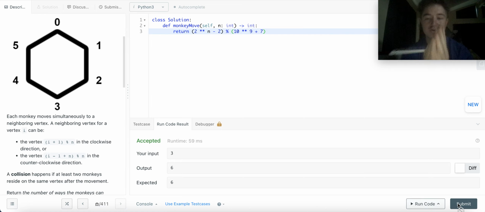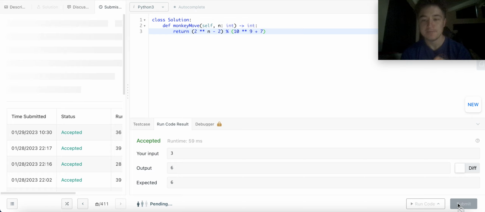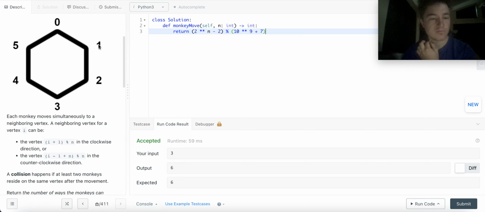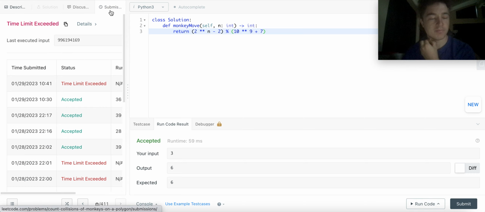Now, this is the correct answer, but what's problematic is that it's not going to meet the runtime complexity, because you'll notice that this failed, okay? Time limit exceeded.